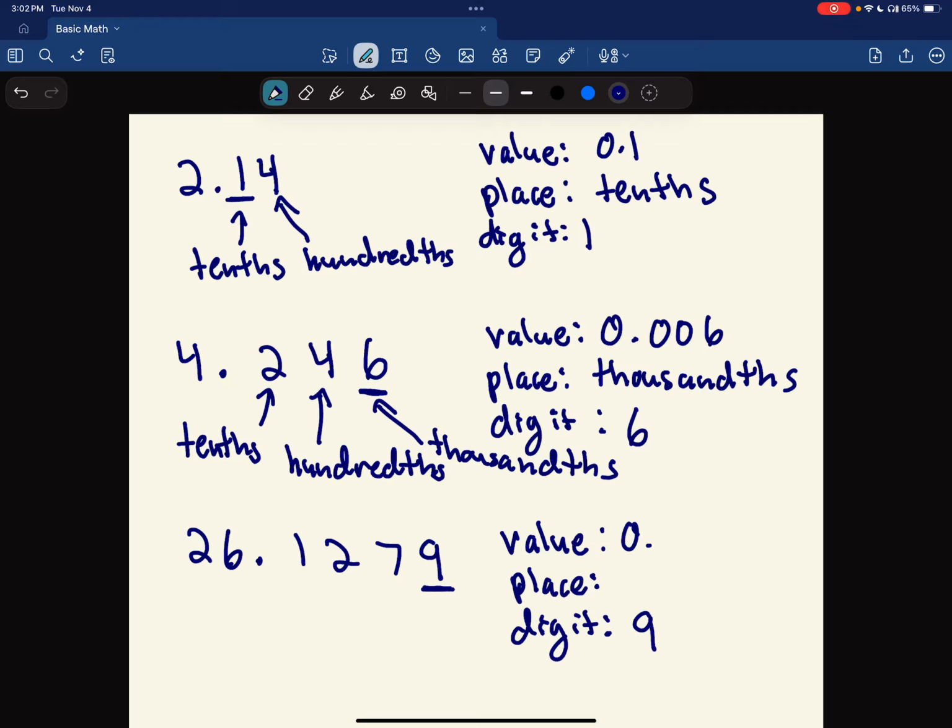The value is 0.0009. So once again, all the numbers between the decimal point and the 9, so these 3, become zeros. And the place is the ten thousandths place. So once again, the first digit after the decimal point is the tenths, then the 2 is the hundredths, the 7 is the thousandths, and the 9 is the ten thousandths. And we are finished.